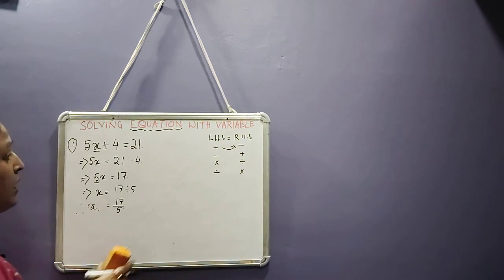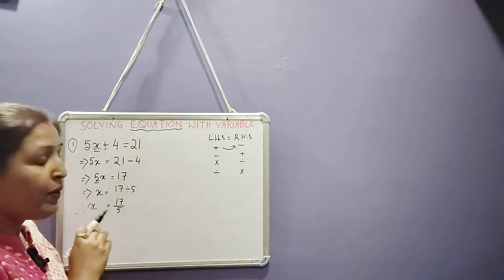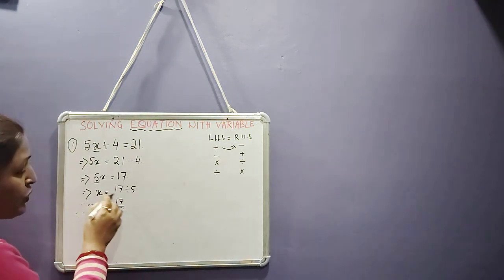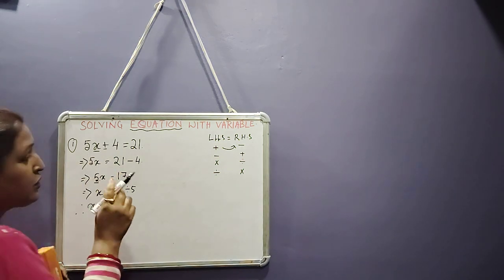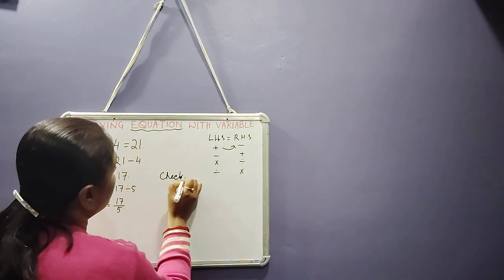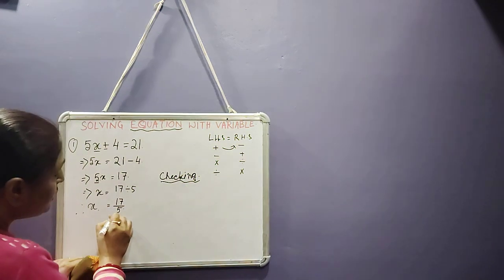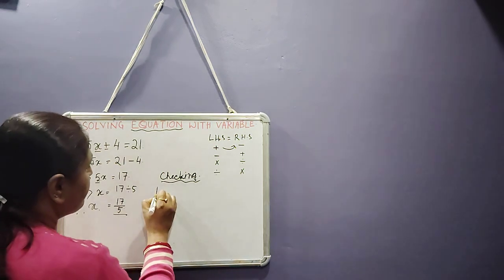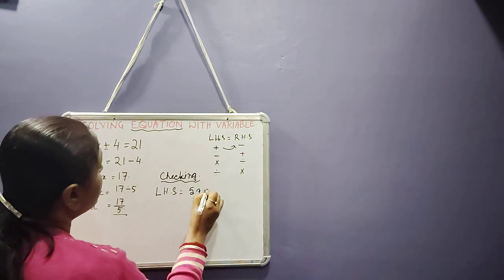Now you need to check whether the value which we get is appropriate or not. In order to find whether it is appropriate or not, you need to check the equation. So how to check the equation? You need to put this value on the left hand side. So left hand side is equal to 5x plus 4.